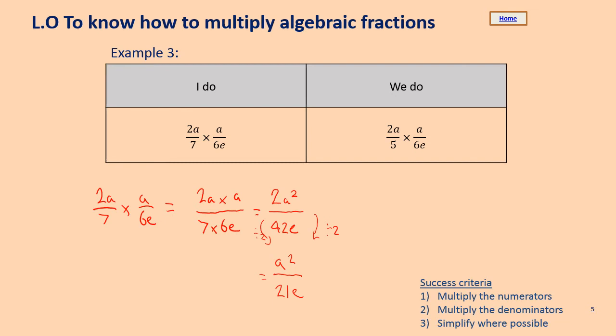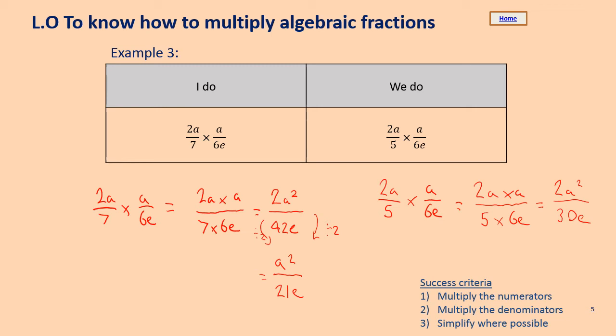Okay, so for the we do, we've got 2a over 5 times a over 6e. So I multiply the top two, 2a times a, multiply the bottom two, 5 times 6e. 2a times a gives 2a squared, 5 times 6e gives 30e, and then I can cancel out by taking out 2 as a common factor of both the top and the bottom.